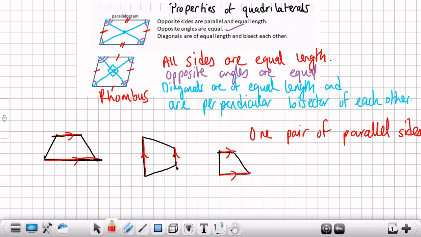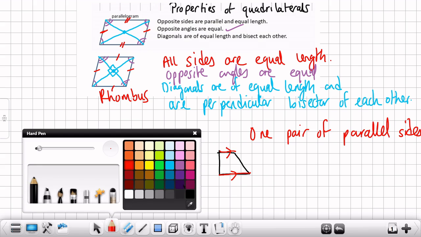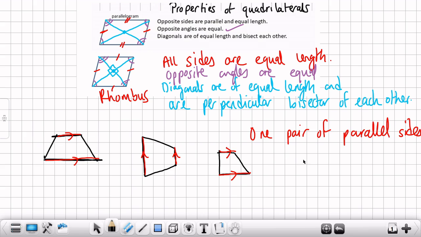Another way you can draw a trapezium is using this definition here. We know that for it to be a trapezium, one pair of parallel sides. So what you can do, just have any two lines, any size, that are parallel to one another, like train tracks. Right? They can be two different sizes.